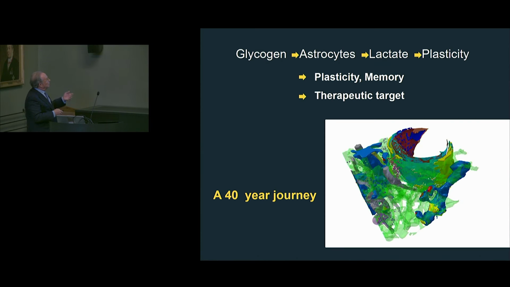And this is actually work that really started a bit by chance when I was in shorts in the lab, working on glycogen. That brought me to become interested in astrocytes, lactate, plasticity, and now memory, and possibly this cycle, the Astrocyte Neuron Lactate Shuttle, being a therapeutic target.